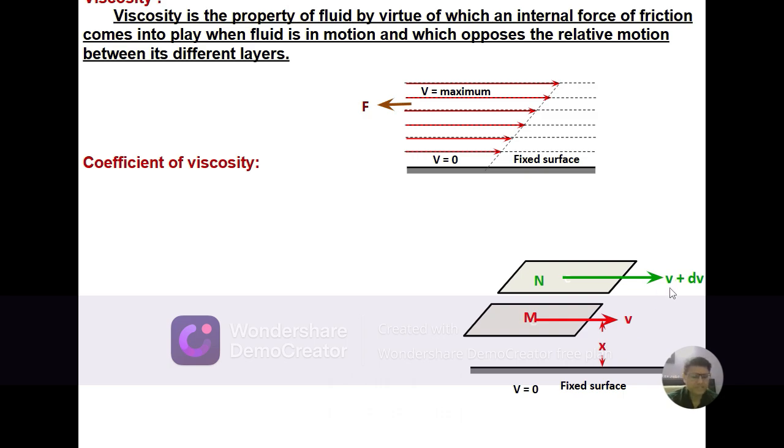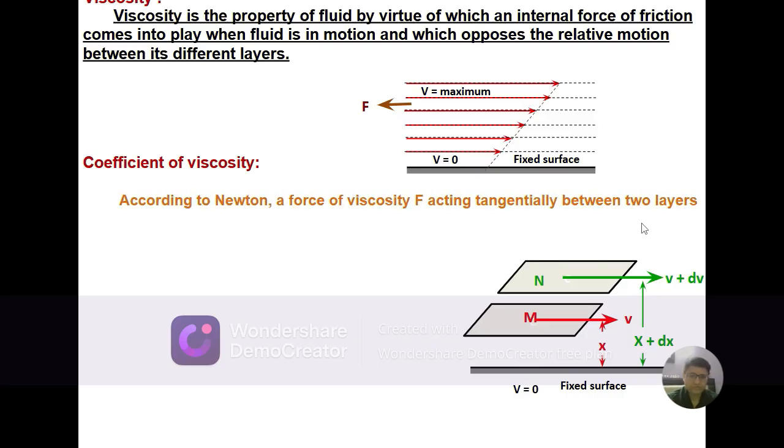We can say after a certain interval of time the velocity has increased, so it becomes v plus dv. And similarly, the distance also changes. It is covering a distance of x, and it is covering a distance of x plus dx.